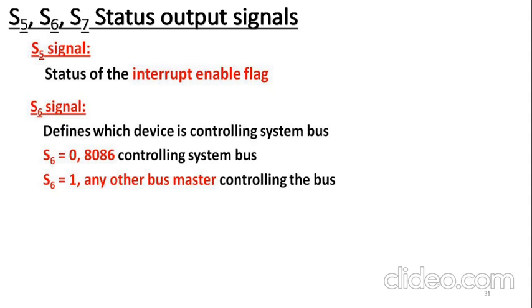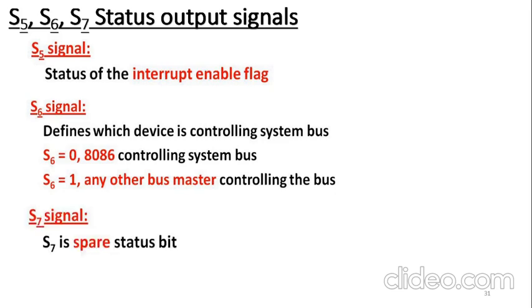It means that in the maximum mode operation, in order to give the status of which processing device is controlling the system bus, whether it is the main CPU 8086 or any other bus master like NDP or IOP, that status will be reflected in the setting of the S6 status signal here.